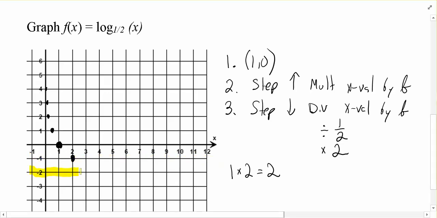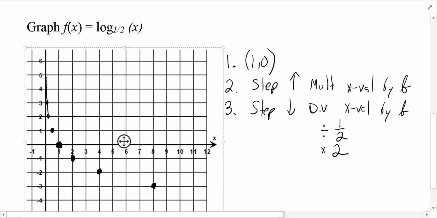If I want to take another step down, then I'm going to multiply by 2 again to get 4. Another step down to get 8. And now we got a basic idea of what this thing looks like.